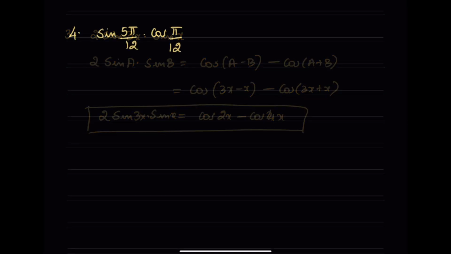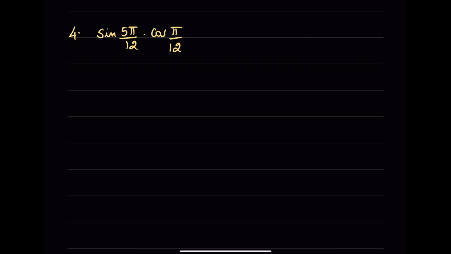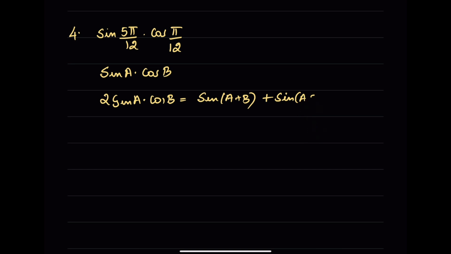Now let's solve the fourth one. The fourth one is of the format sin A multiplied by cos B. But we know the formula is of the format 2 times sin A cos B, which is equal to sin of A plus B plus sin of A minus B. But here in the question, the format is sin A times cos B, because there is no 2 here.